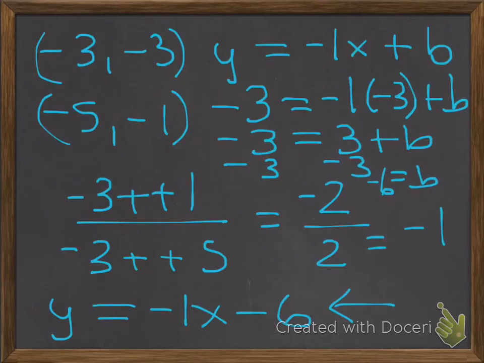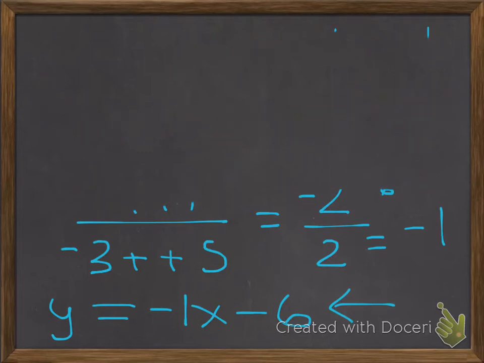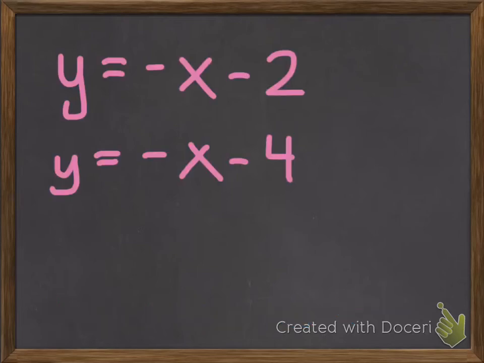So negative 1x minus 6, that's our one equation. Perpendicular to that, we need a perpendicular slope, and then we need to find the b value using the point (-1, 1).